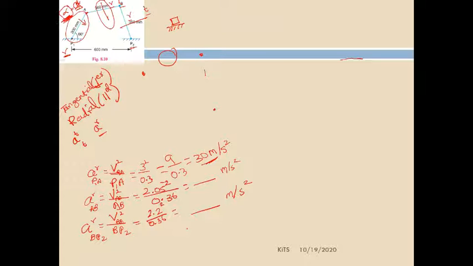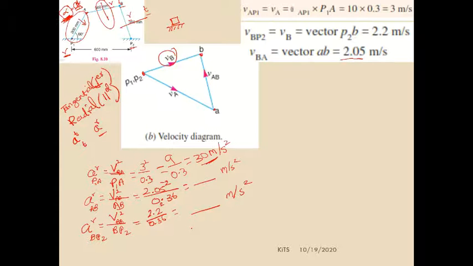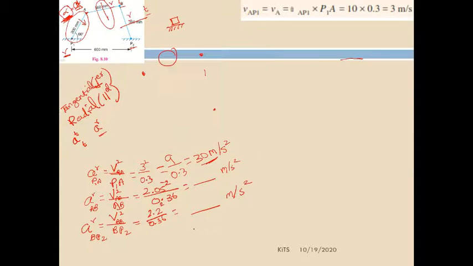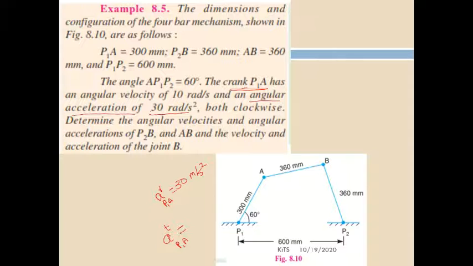For the tangential component, the formula is angular acceleration of P1A into distance of P1A. The angular acceleration of P1A is 30 radian per second square, into distance of P1A, which is 0.3 meter, that is 300 mm.